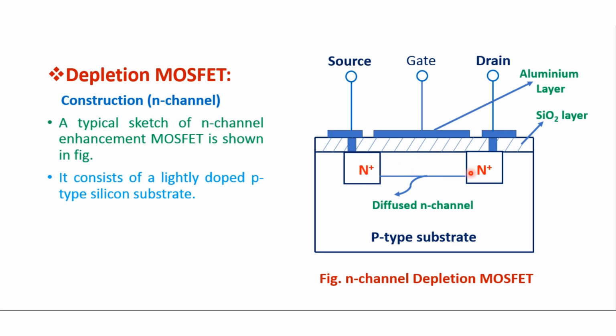One of these two regions is called the drain, and the other N region is called the source, and between these two regions a heavily doped N channel is formed by diffusion, which makes the proper charge carriers available for the initial drain current ID to flow.